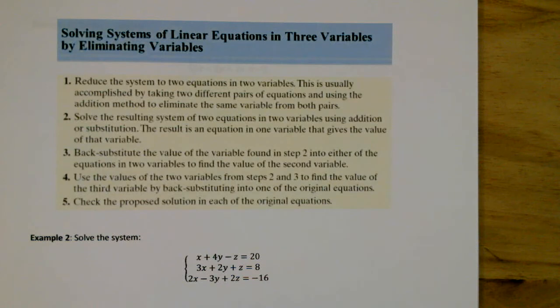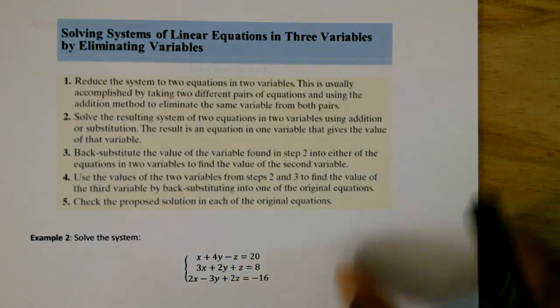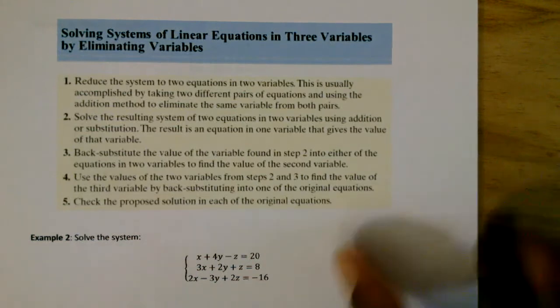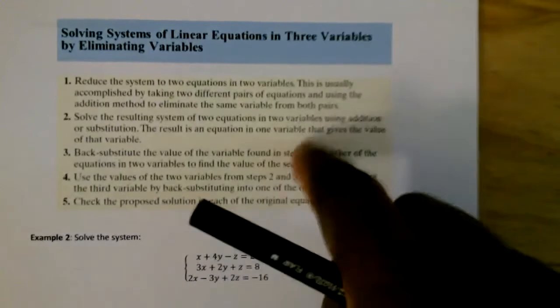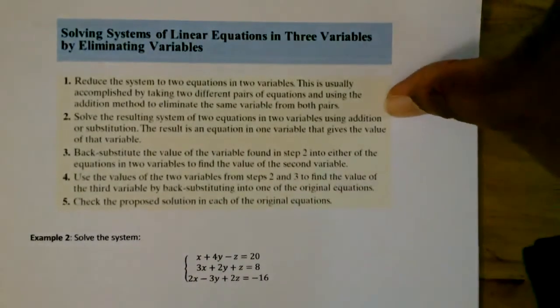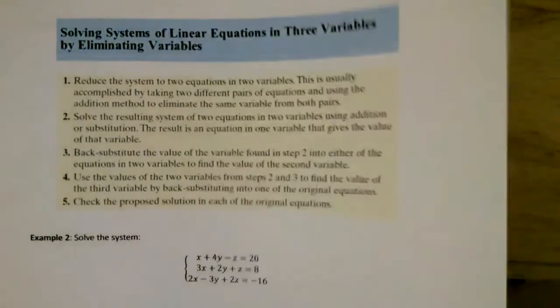And then step number 5 would be to check your proposed solution in each of the original equations. Now, let me go ahead and go into this example here, solving a system of equations in 3 variables using this procedure.